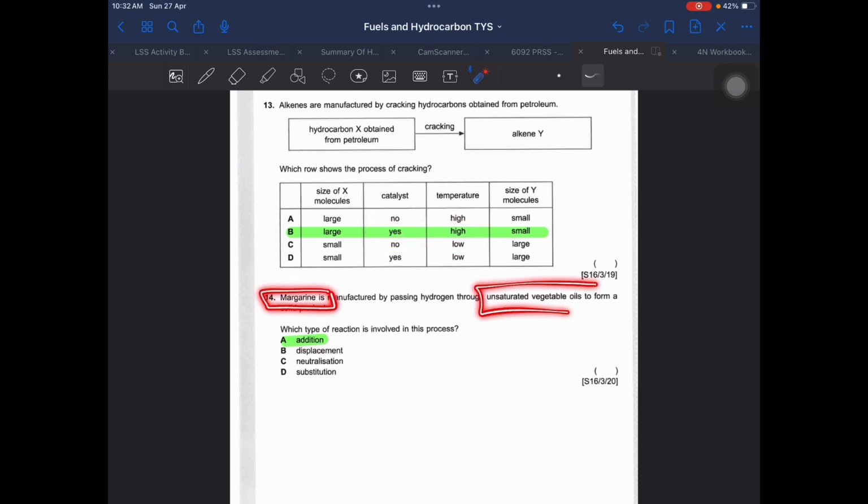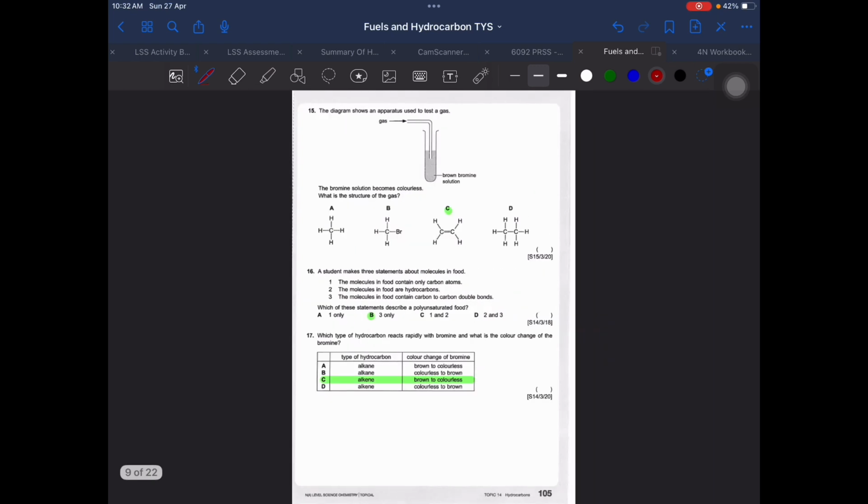Margarine, vegetable oil, right? What is the reaction? It's about reacting alkene with hydrogen. And we know that when alkene reacts, this kind of reaction is what we call an addition reaction. Okay, that means you put in the hydrogen and you break the double bond. Okay, so that's for question 14.